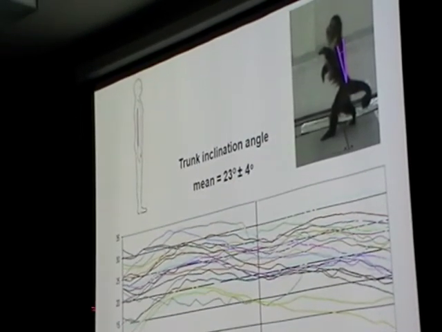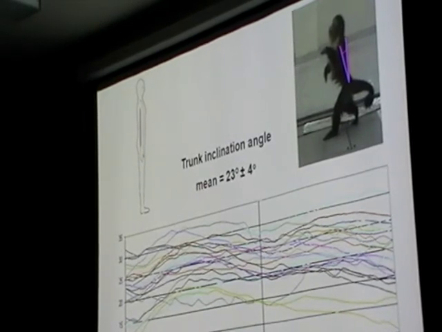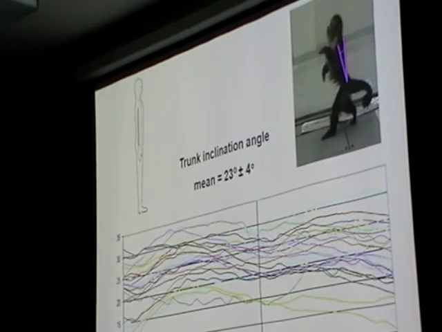And here you see for our 30 strides how they maintain such an angle over the stride. The stride starts out with a touchdown, and then the limb lifts off and goes to the second touchdown. So here we have a stance phase, and here is the swing phase.